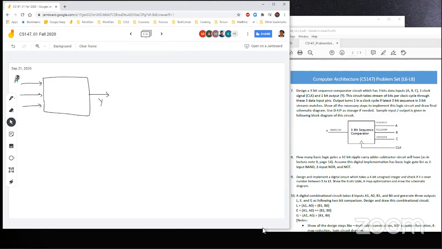A, B, C as incoming, and then it has a clock. Now, what we need to think of is how we can design it on paper and pencil.